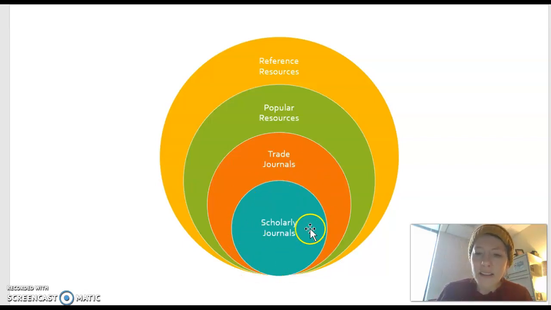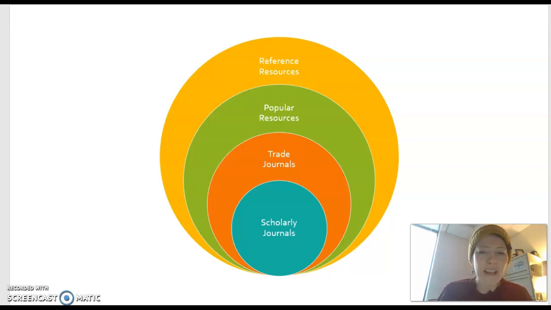And then finally, scholarly sources are really written for the most narrow of audiences. Only those people who have some specialized expertise. But they're the ones that dig most deeply and most complexly into a topic.